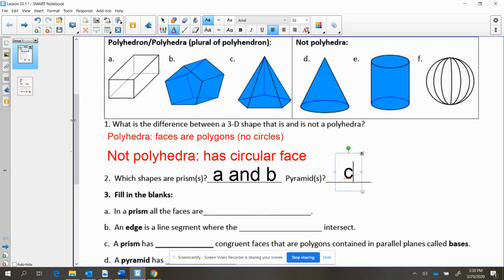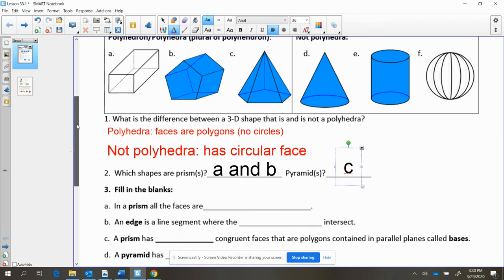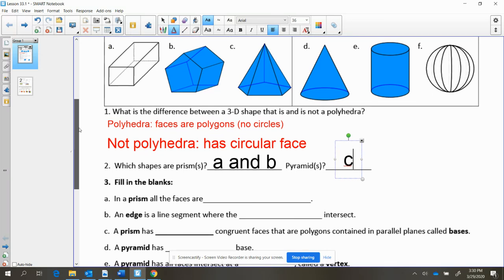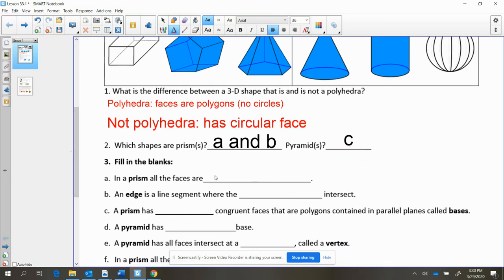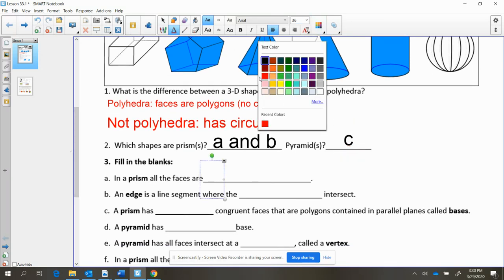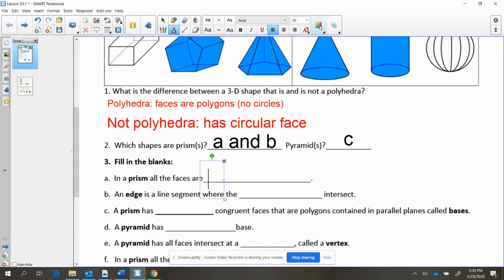So as we start filling in the blanks down here to talk about a little bit of the differences between prisms and pyramids, as well as some vocabulary, what you're going to notice is that in our prisms, like examples A and B, all of the prisms have faces that are in fact polygons. All those faces are polygons. Now, the edge is a line segment where the faces intersect.